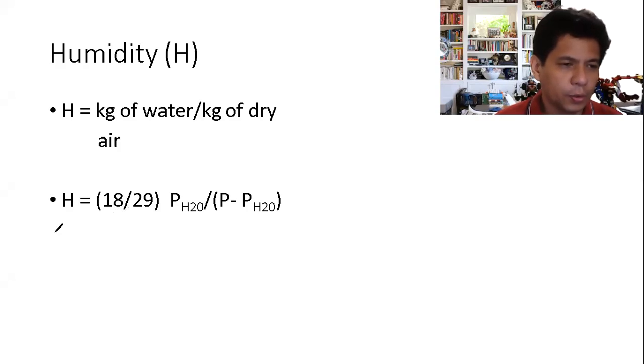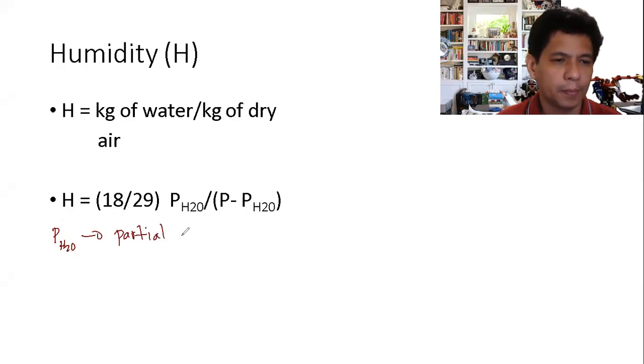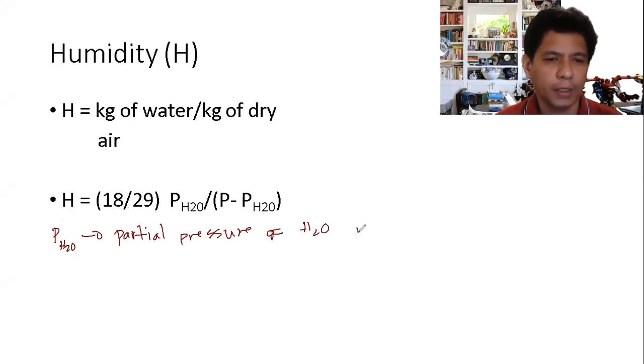Okay. So, pH2O is the partial pressure of water in air, while P is the atmospheric pressure, the total pressure of air.